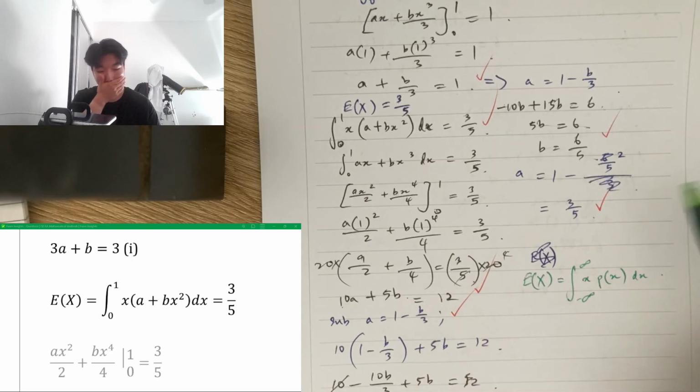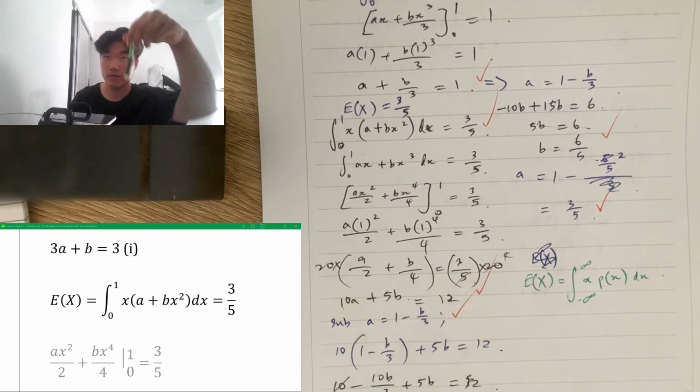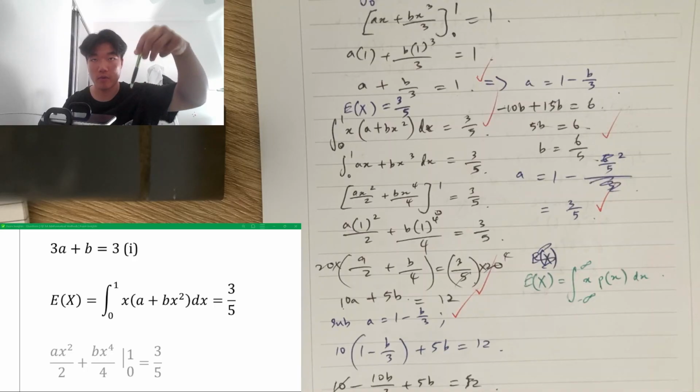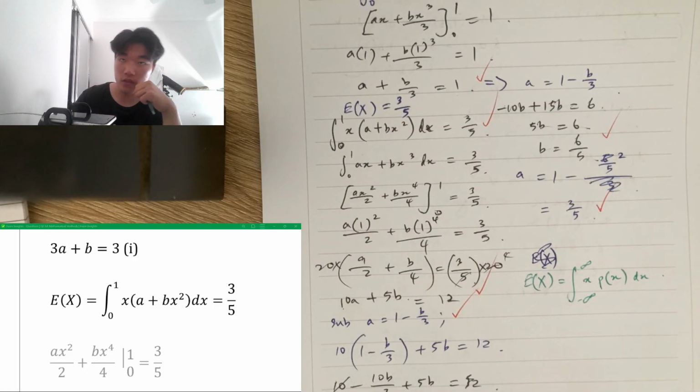So what you can see where I'm pointing, right down there, is that the integral of p of x, the probability density function, is multiplied by x.